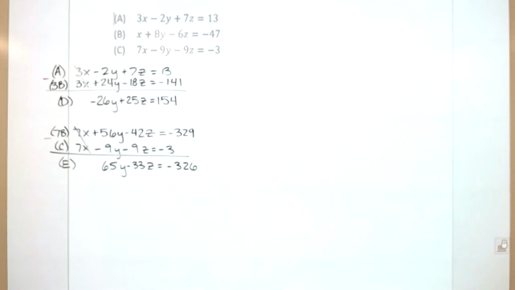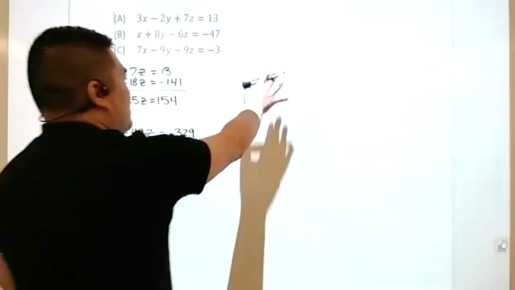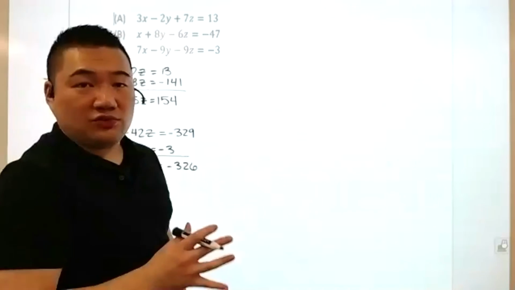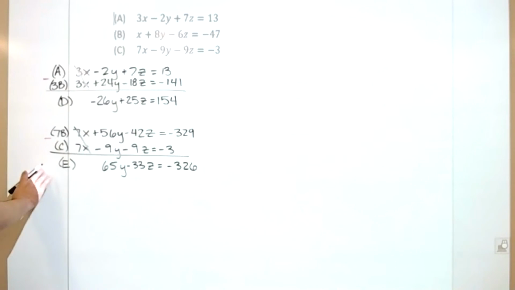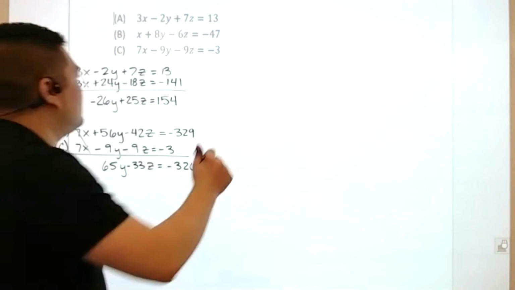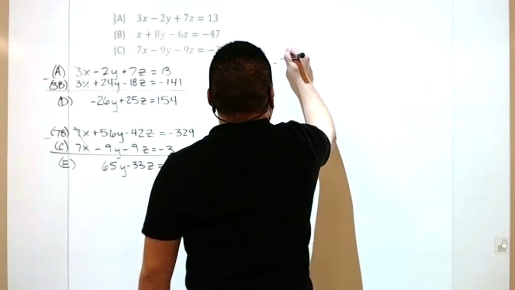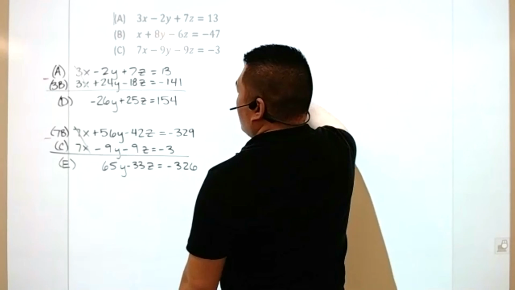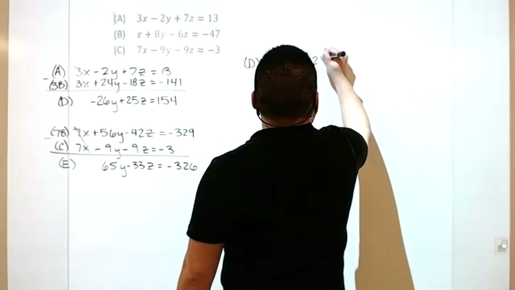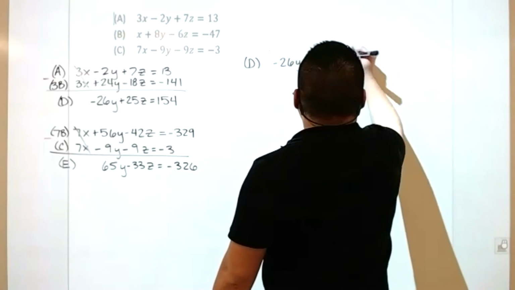And now that I've got equations D and E, I'm going to go over to the middle, and I'm going to start phase 2. I'm going to write these two equations down as they are. Equation D is negative 26y plus 25z equals 154.